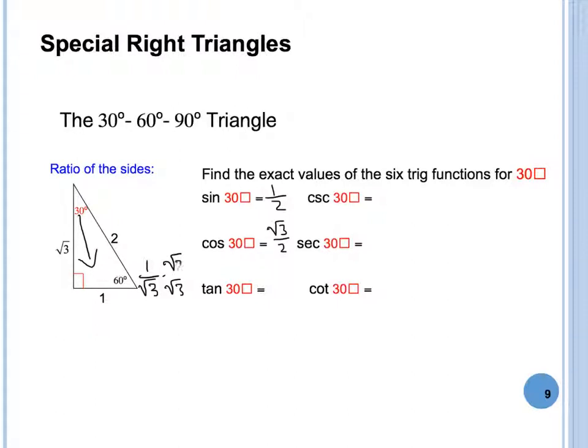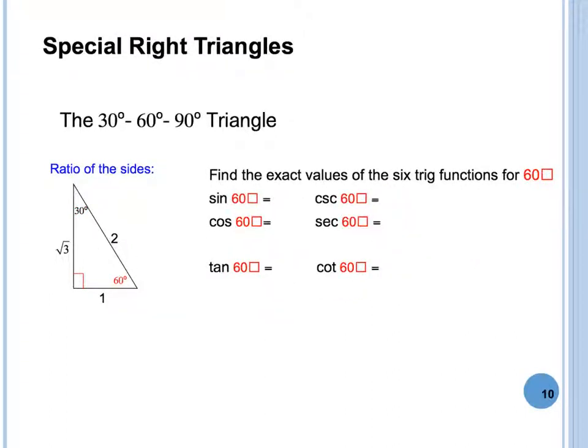Get rid of the square roots. Okay, and then we need to flip our fractions for the reciprocals. Unfortunately, that puts a square root in the denominator for secant, so I have to get rid of my square root. And cotangent, I'm going back to my original and flipping that, and there we have it. And you can work on this one all by yourself.